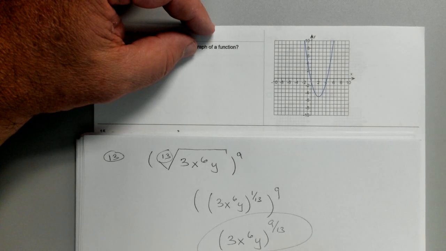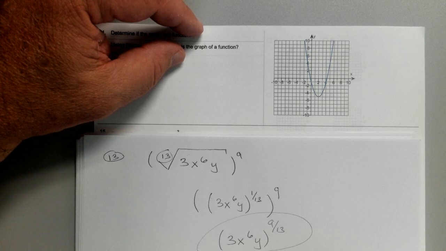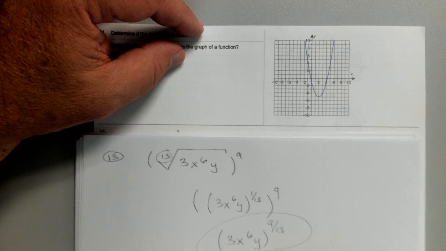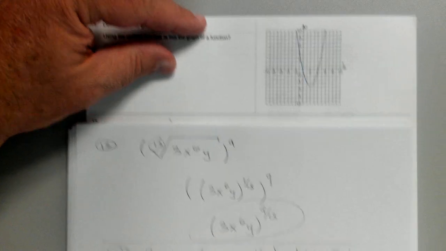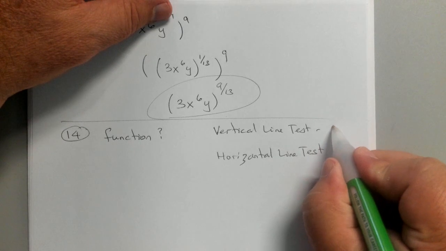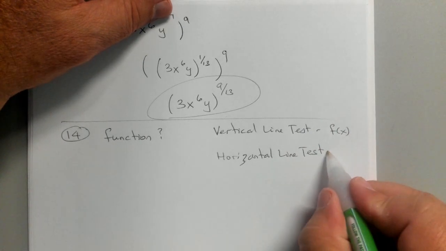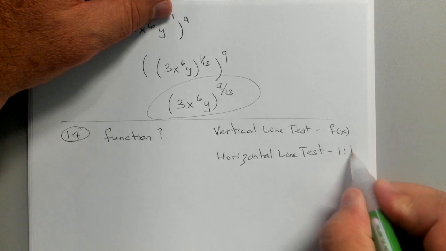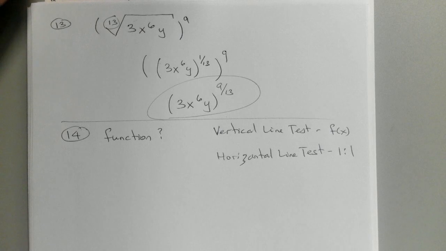These are the two tests that we have. The vertical line test tests for a function. The horizontal line test sees if it's one-to-one. So, is it a function? Yes.